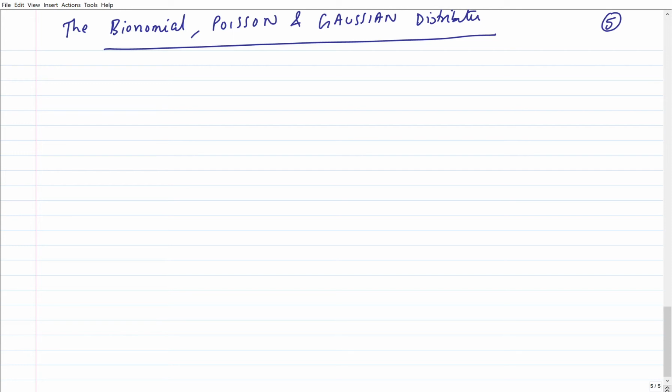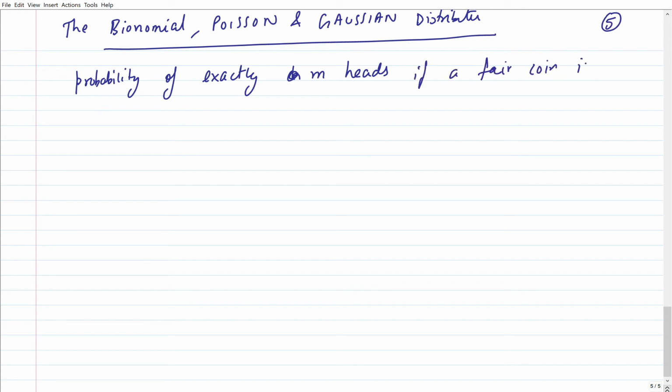So let's return to probability theory and ask for the probability of exactly M heads in a coin toss if a fair coin is flipped n times.